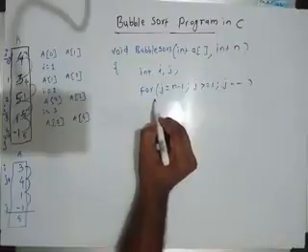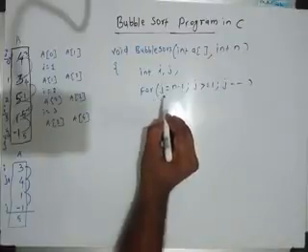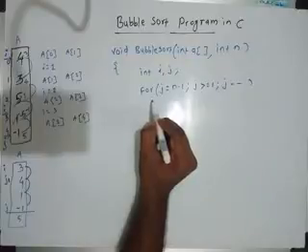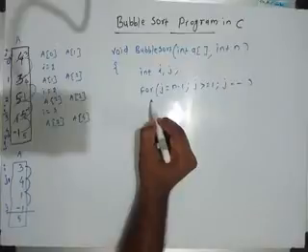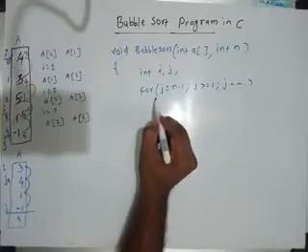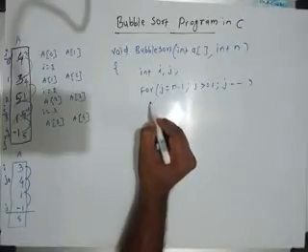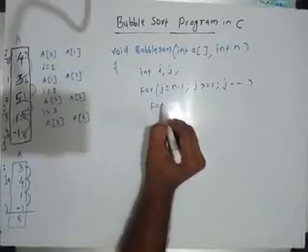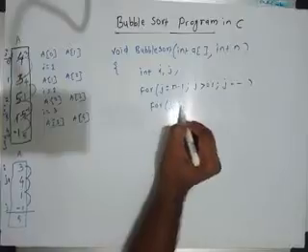Now when our j is at n minus 1, we'll be starting our i at 0, and we'll take that i from 0 till j minus 1. After that pass, when j becomes n minus 2, again i will be starting at 0 and going till j minus 1. So for every j, our i is starting at 0.